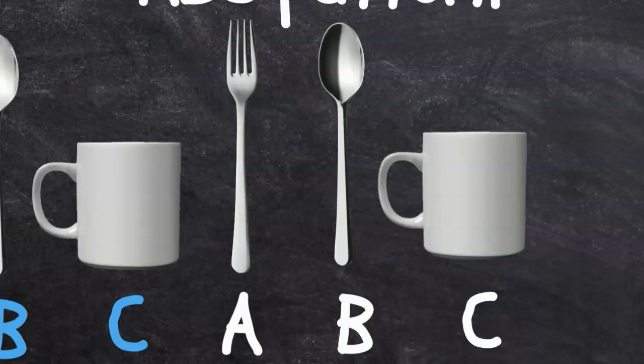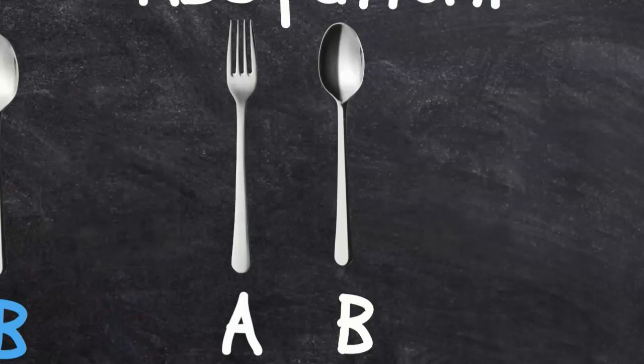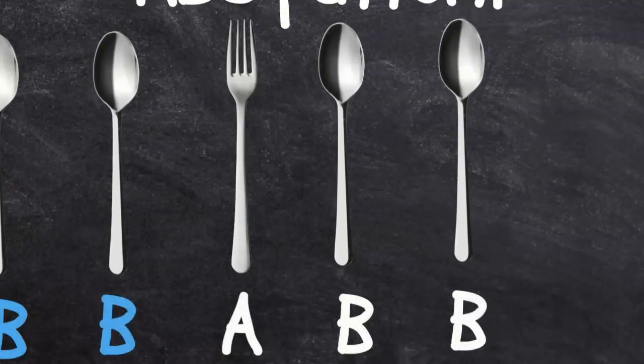ABC, ABC. Let's have a look at what would happen to this pattern if we made a few changes. Let's take away the mugs and put spoons in their place. The spoons are B's, so this would turn the pattern into an ABB pattern that is repeating instead.